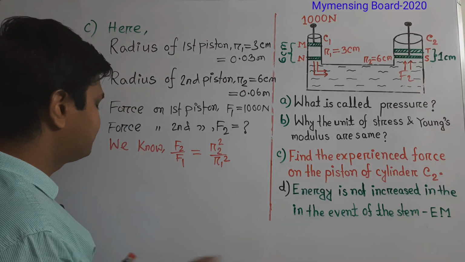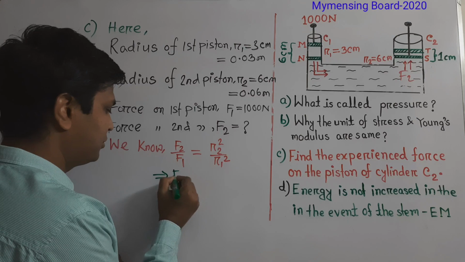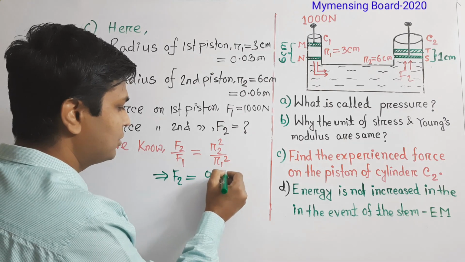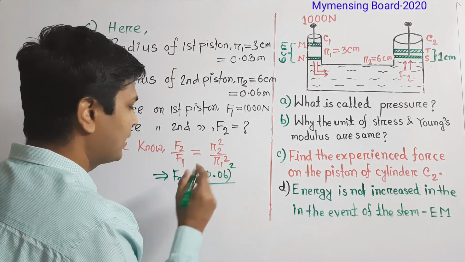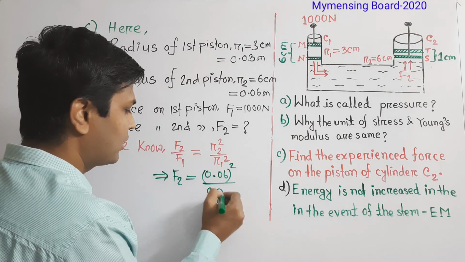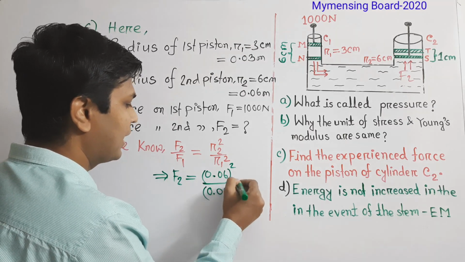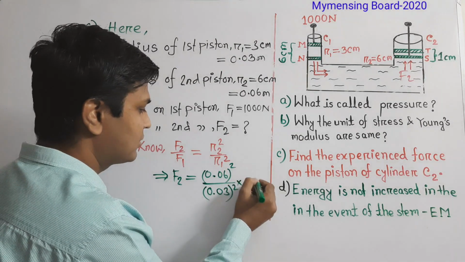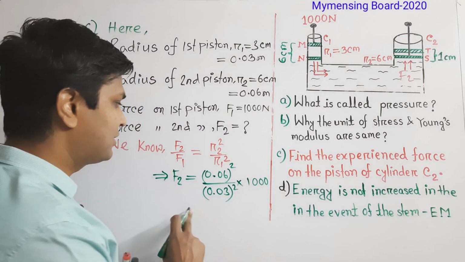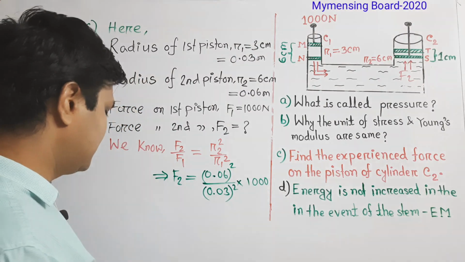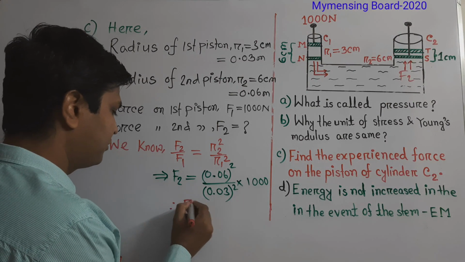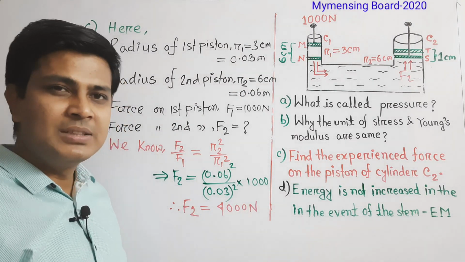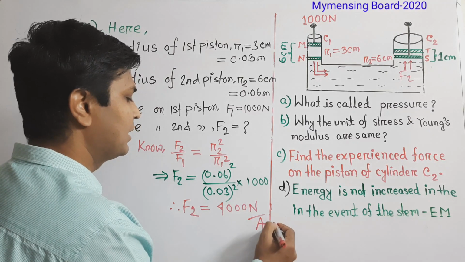So F2 equals 0.06 square over 0.03 square, multiplied by F1, and the value of F1 is 1000. After calculating that expression we will get F2 equals 4000 Newton. This is the answer of question number C.